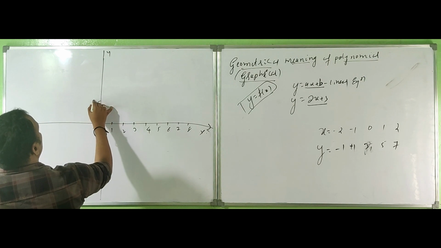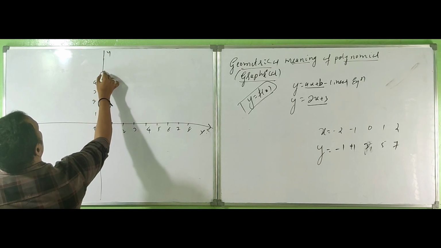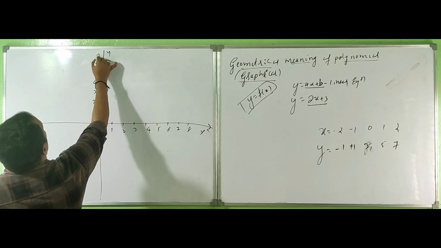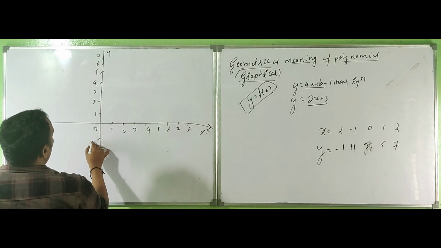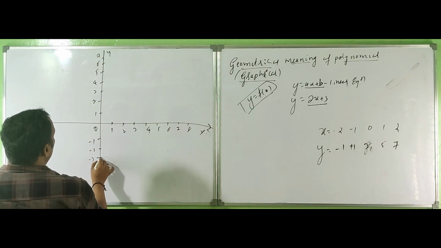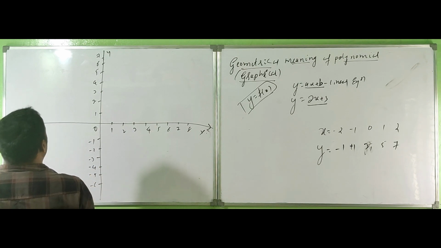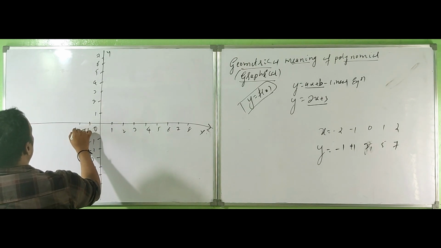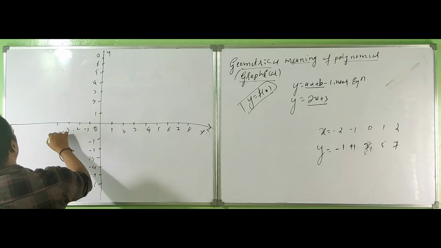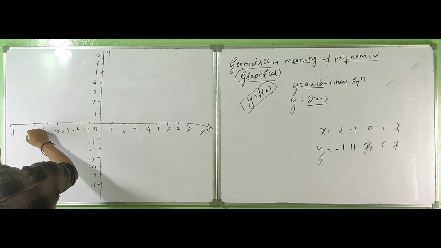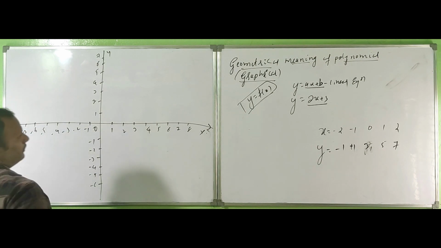This is the 1, this is the 2, 3, 4, 5, 6, 7, and this is the negative value -1, -2, -3, -4, -5, -6. Again the negative values -2, -3, -4, -5, -6, -7.